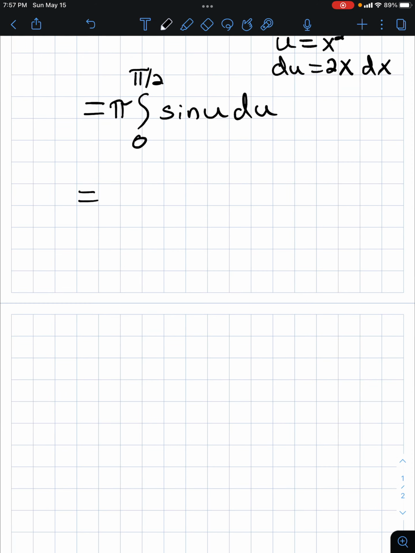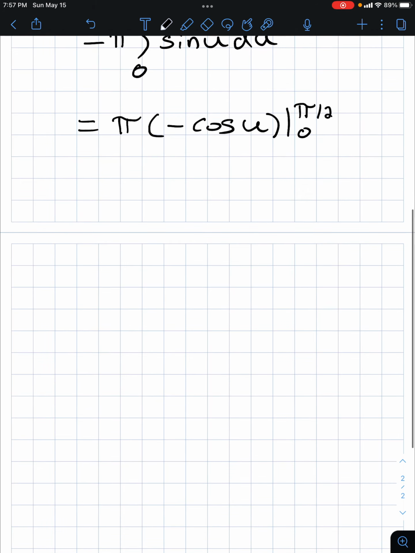Now if we take the integral, this is going to be equal to pi times negative cosine of u from 0 to pi halves. If we evaluate this, we get pi times, what's cosine of pi halves?